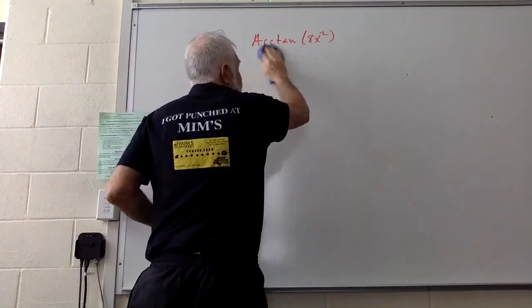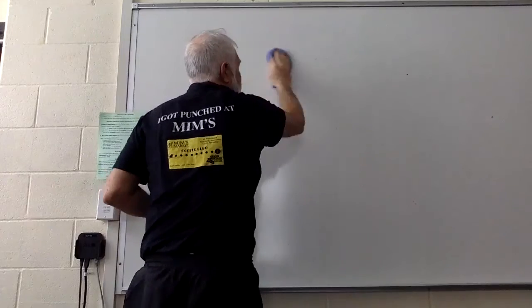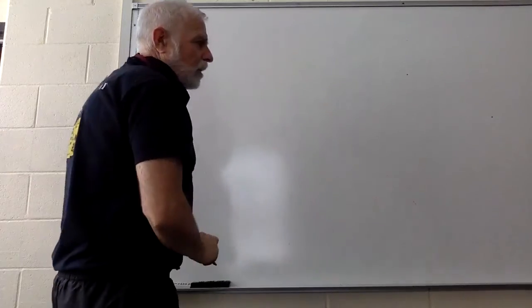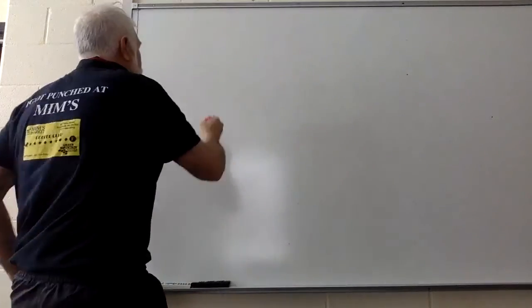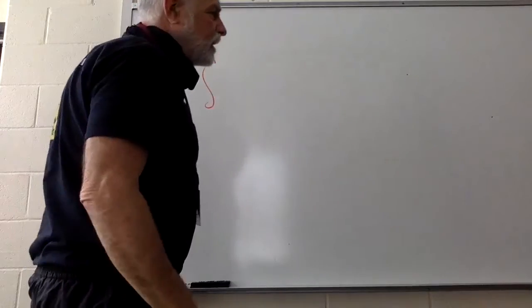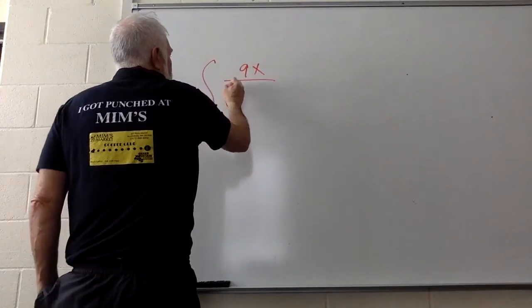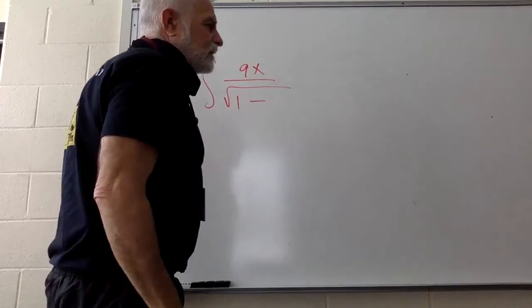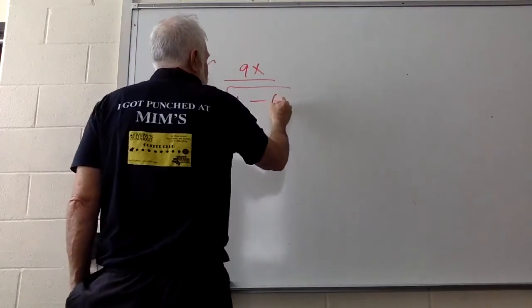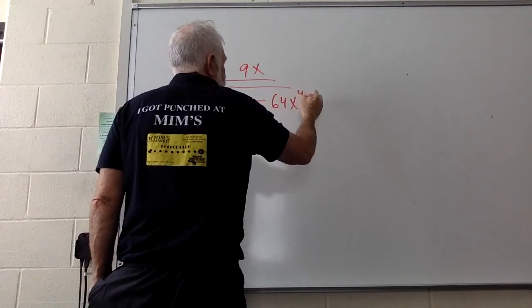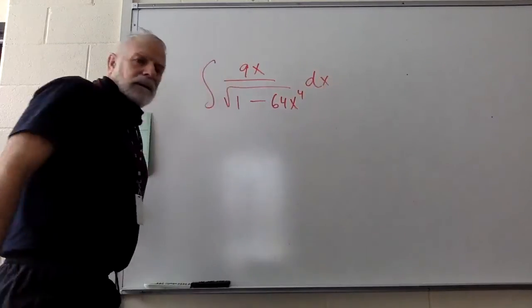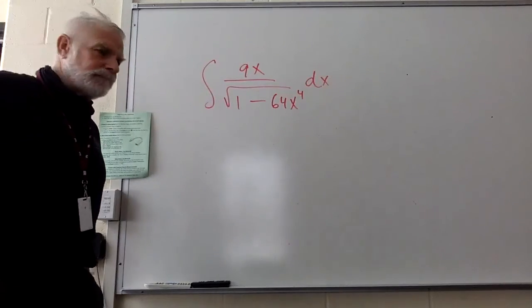Okay, last one. And hopefully you got a little practice tonight on your own, slowing the pace a little bit. So can you integrate, let me make sure I got this right, 9x over the square root of 1 minus 64x to the 4th dx. Pause the video.